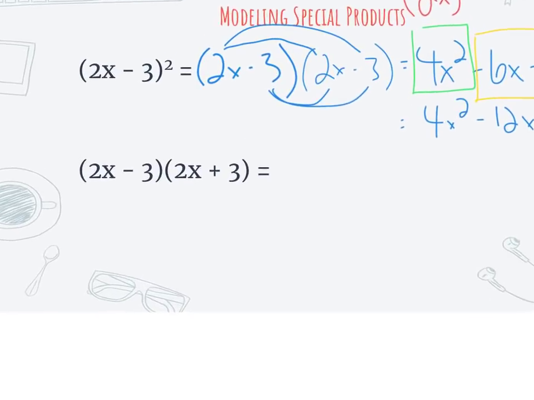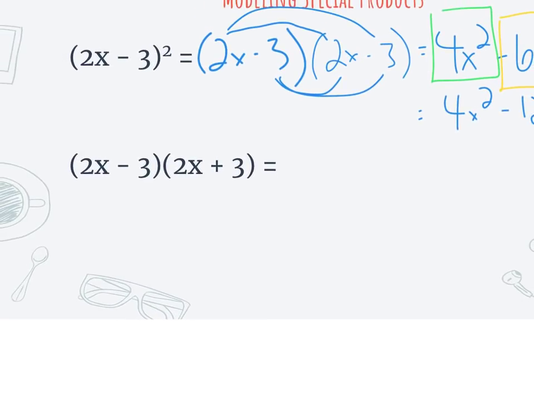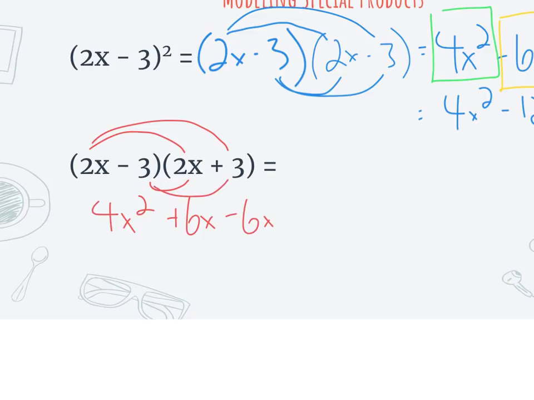Now, this next one here, these aren't the exact same terms. We have 2x minus 3 times 2x plus 3. So as we distribute this one, I get a 4x squared plus 6x minus 6x and then minus 9.